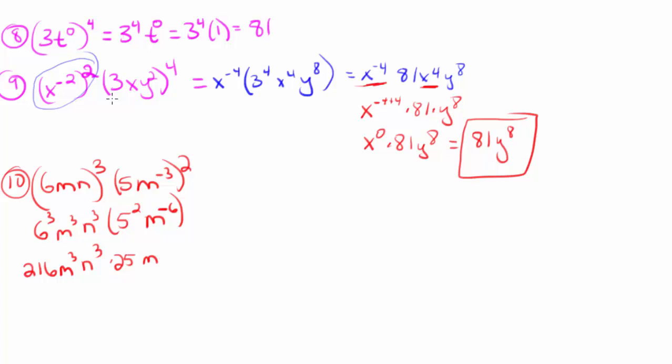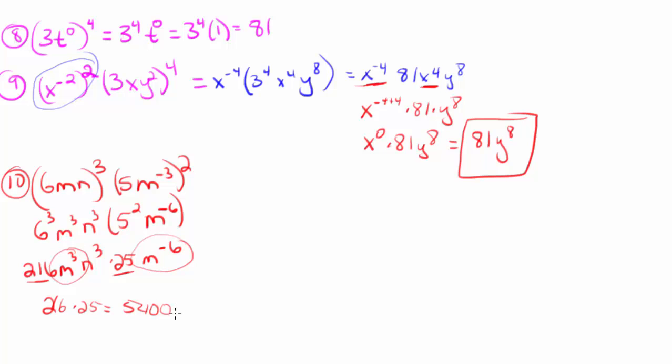M to the negative 6. Now we multiply the 216 and 25. 216 times 25, which is 5,400, I believe. I just did it real quick, so we'll see. So 5,400, and then we have m to the 3, m to the negative 6.